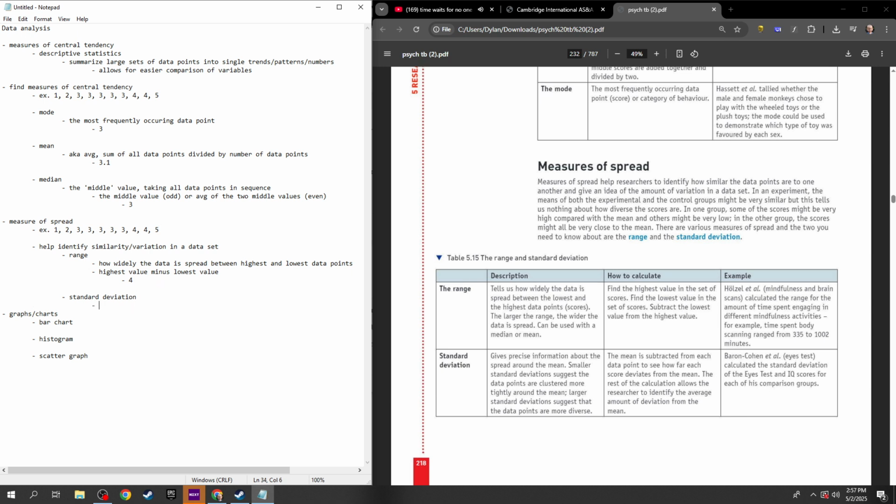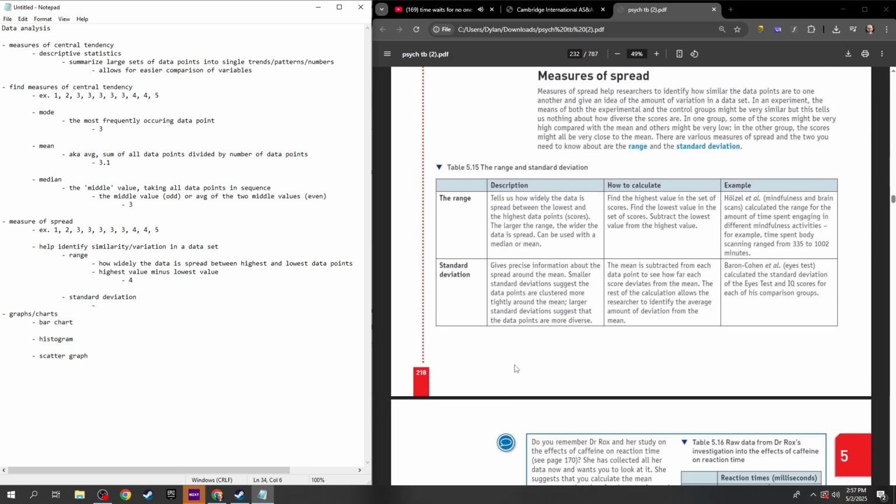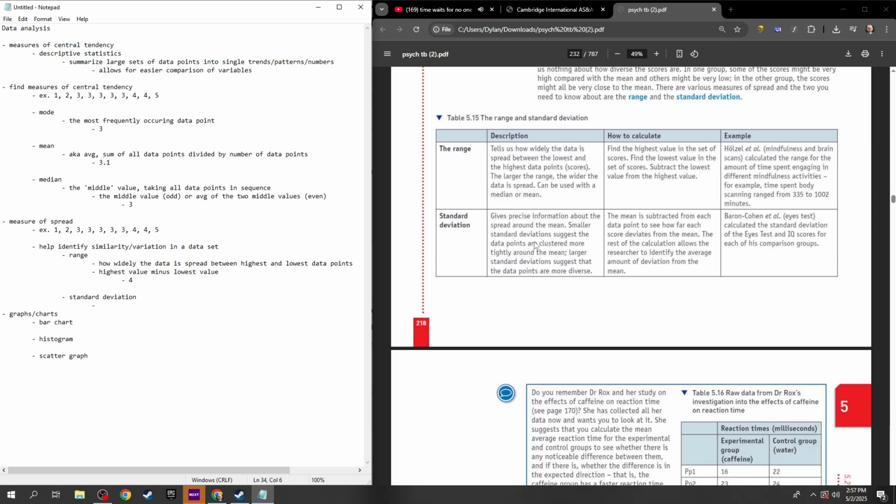This one is where it gets a little bit more complicated. So, this gives precise information about the spread around the mean. Smaller standard deviations suggest the data points are clustered more tightly around the mean, and larger standard deviations suggest that the data points are more diverse. Precise data spread around the mean.